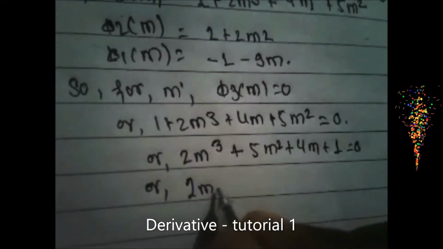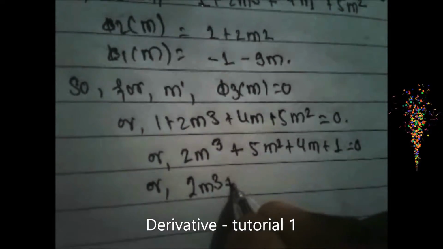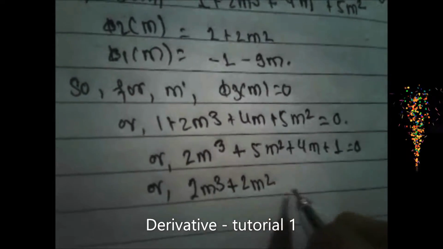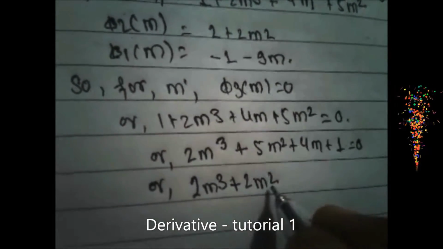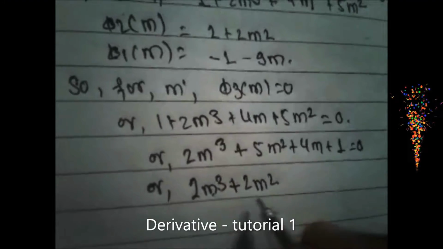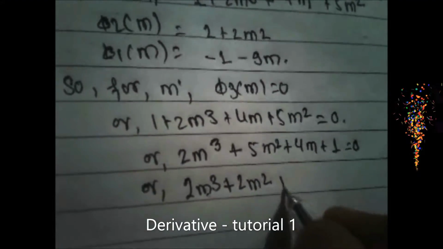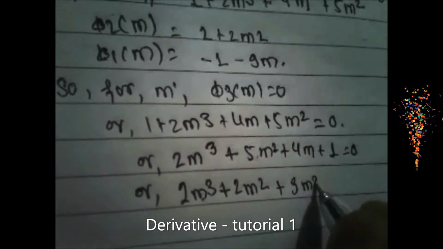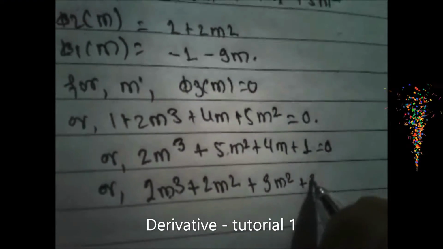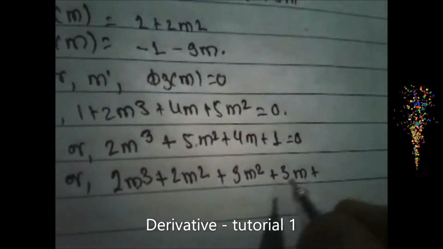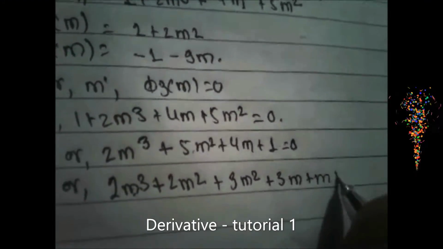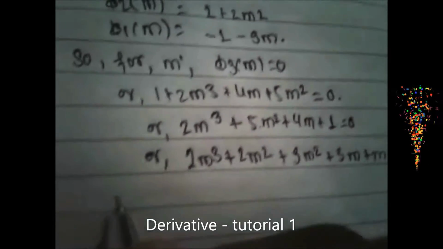So 2m cube, to make m plus 1, we write m plus 1 remained and the other is taken as common, plus here remained 2 and 5, 3m square plus 3m plus 3m, and 3 and 4, it is m plus 1 is equal to 0.